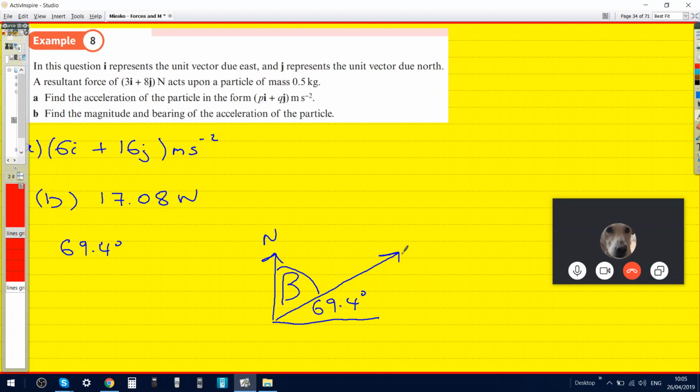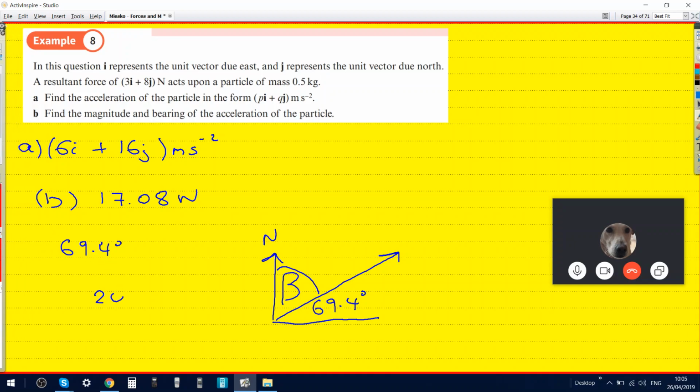Yeah, so 20.55. And so as a bearing? 20.5. Yeah. Okay, hopefully that's all correct.